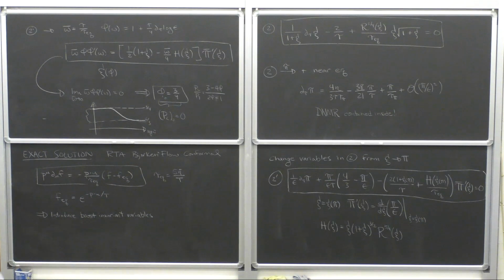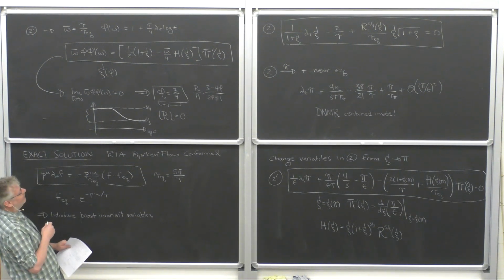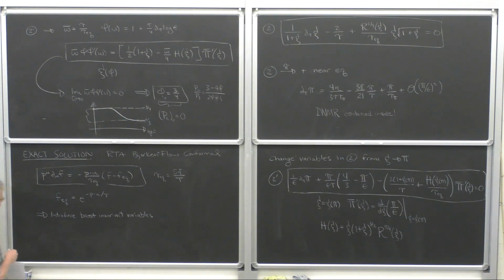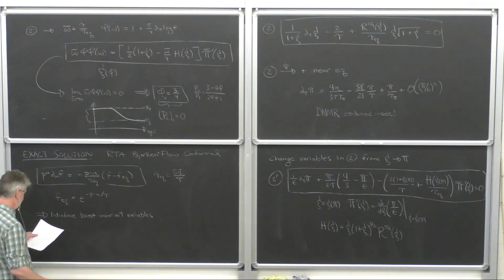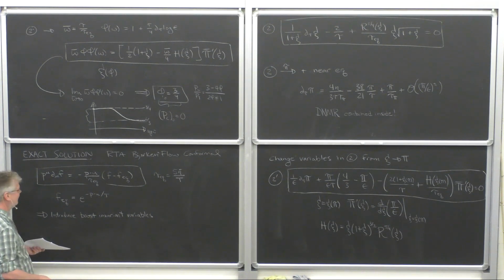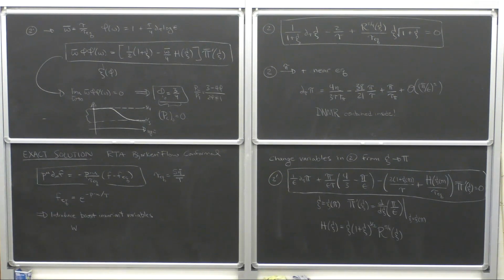So I'm going to introduce some boost invariant variables, and I was going to try to write the Polish names associated with it, but my Polish spelling is bad. I have no idea how you spell his name. Anyway, so Polish guys back in the late 80s, early 90s, introduced this set of variables. And I apologize, it's another w. But I'm going to try to always write it with little angles to distinguish it from our dimensionless time variable we've been using up there.